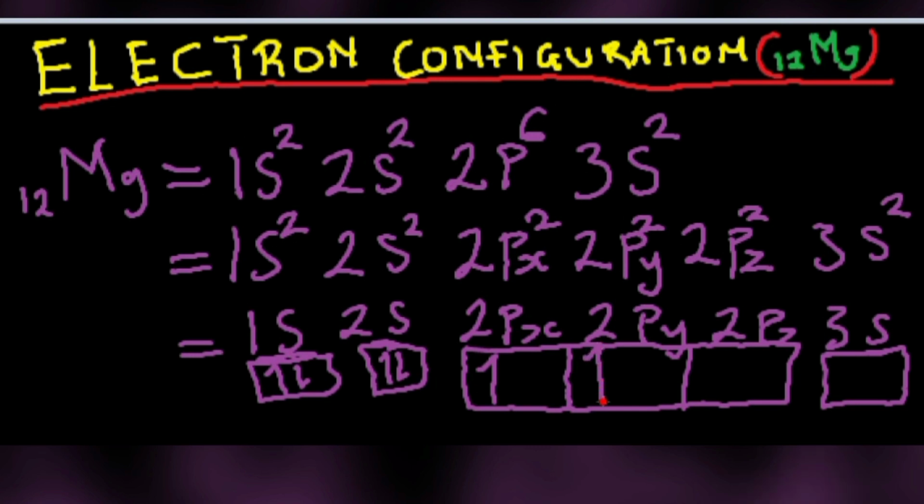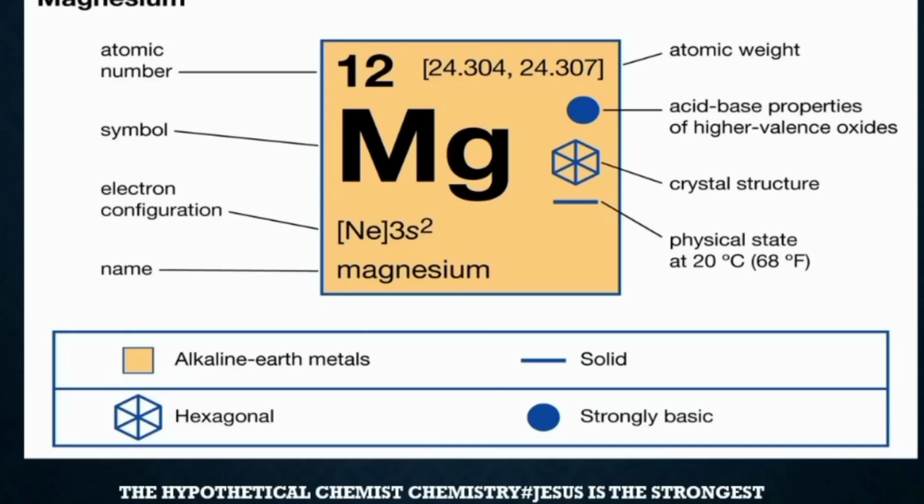Parallel spins, before we pair in the opposite direction. Okay, then the 3s takes 2. So this is how we write the electron configuration for the magnesium atom. Any of these configurations is accepted and is correct.